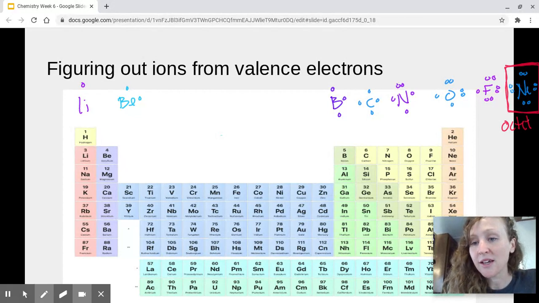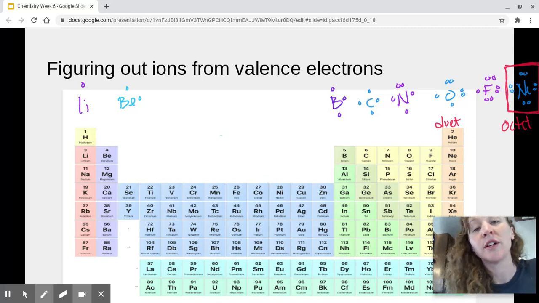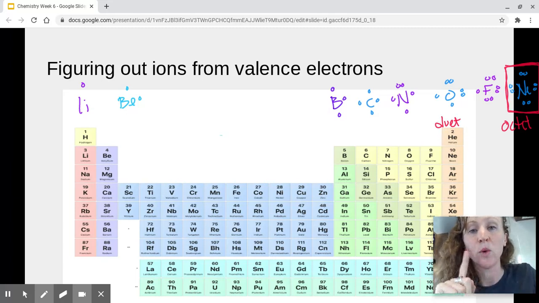Or in the case of helium, who has a full energy shell with 2 electrons, we would call that a duet. So hydrogen and helium are going to fill in that first energy level, that 1s orbital, with a duet of electrons. Everybody else on the periodic table wants to fill their s and p shells or empty their s and p shells so that they have an octet.